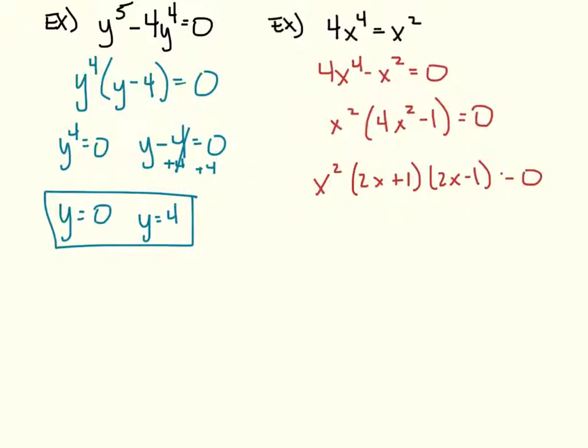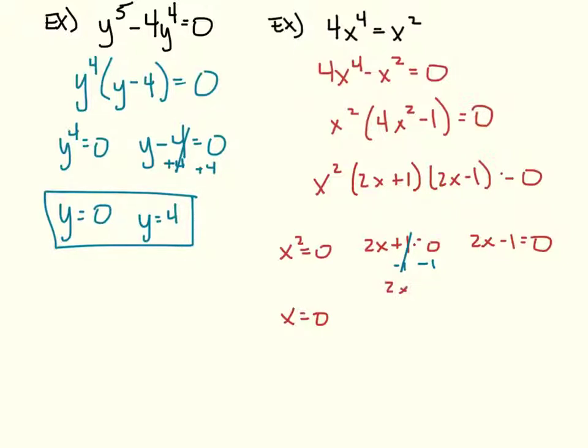Now that I'm completely factored, I set each of these factors equal to 0. So x squared equals 0, 2x plus 1 equals 0, and 2x minus 1 equals 0. If x squared equals 0, then x equals 0. For 2x plus 1 equals 0, I would subtract 1 and then divide by 2.